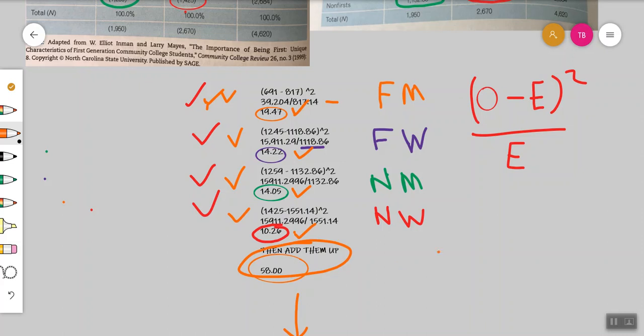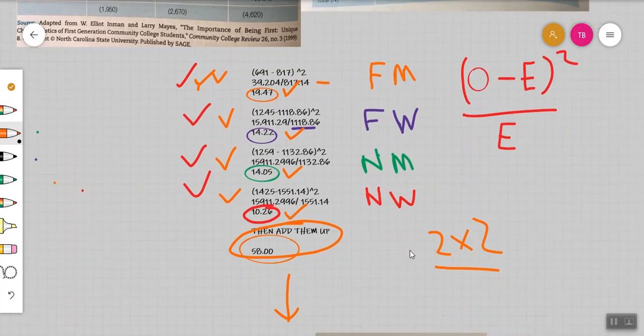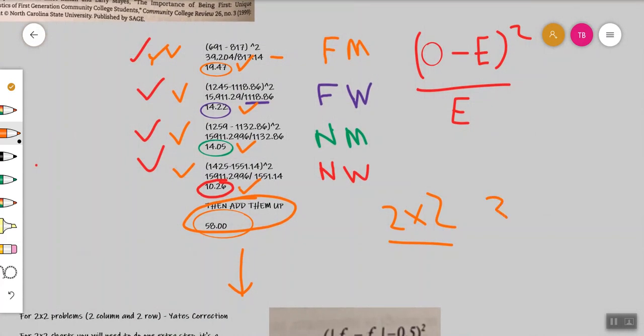Remember, this is a 2 by 2, 2 rows, 2 columns. This one has one extra step in it. But say for instance this was a 3 by 2 or a 2 by 4, 2 rows, 4 columns, or 3 rows, 2 columns, then you wouldn't have to do this next step.